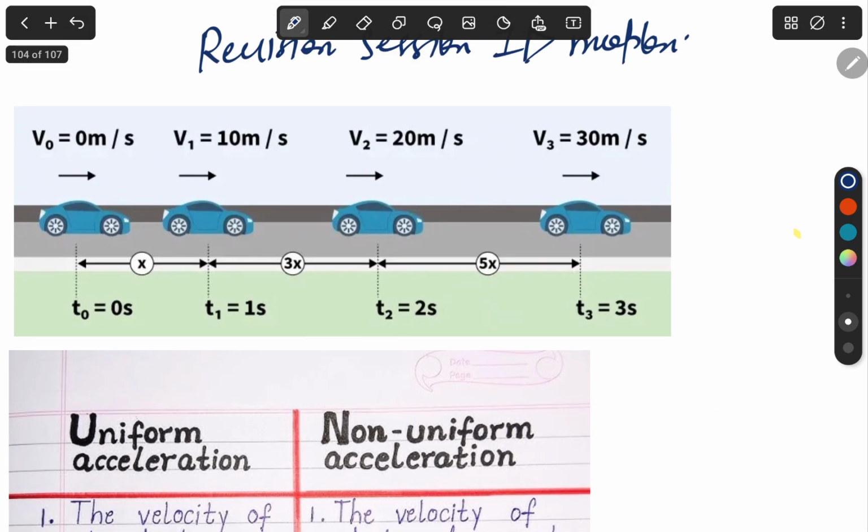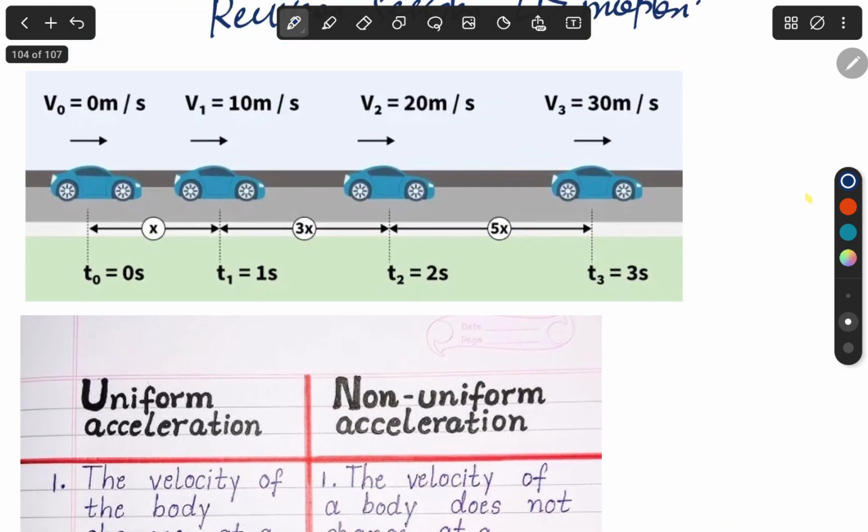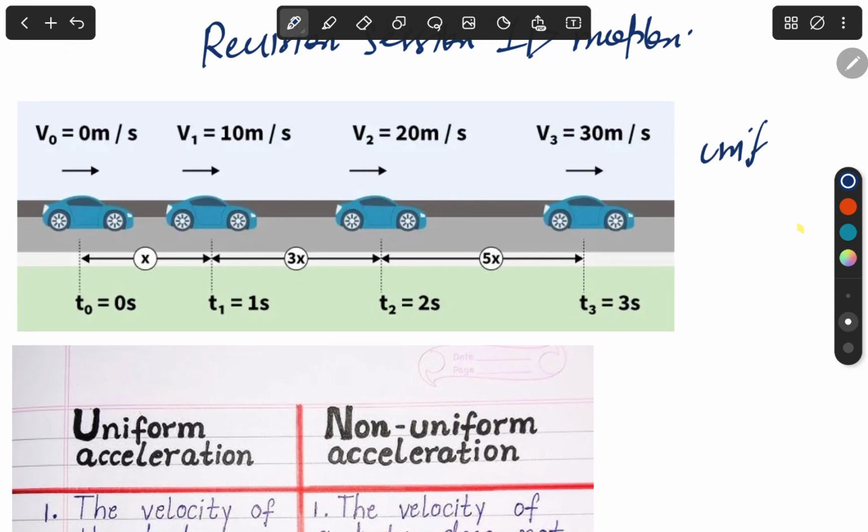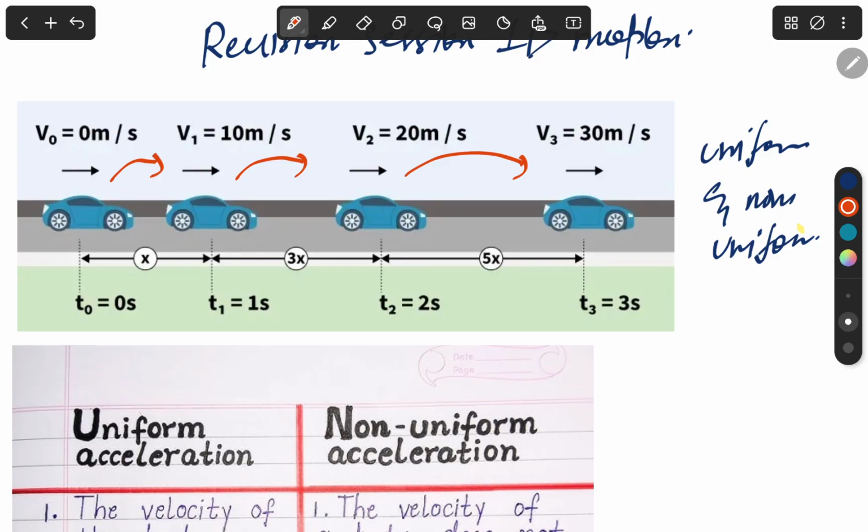Then we saw that there are two types of acceleration: uniform and non-uniform. Uniform means every second the velocity is increasing by the same amount. So here it is increasing by 10 every second.